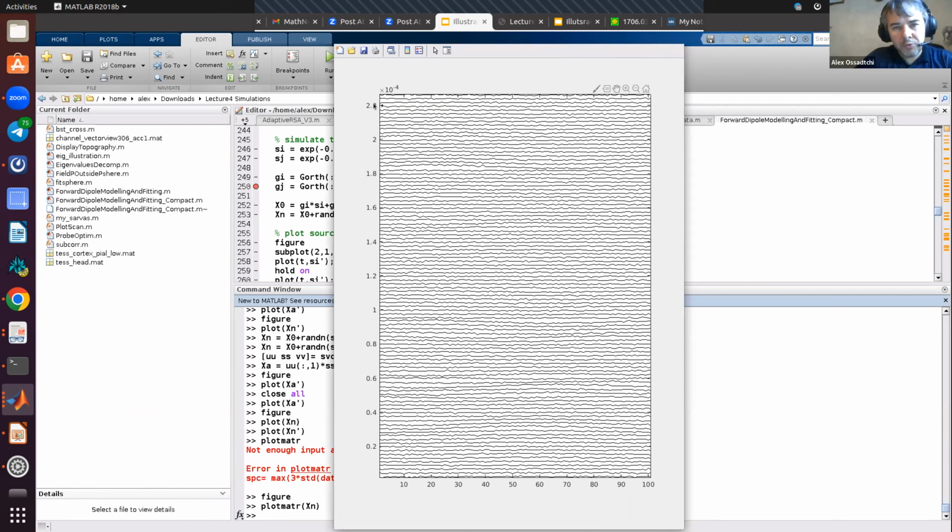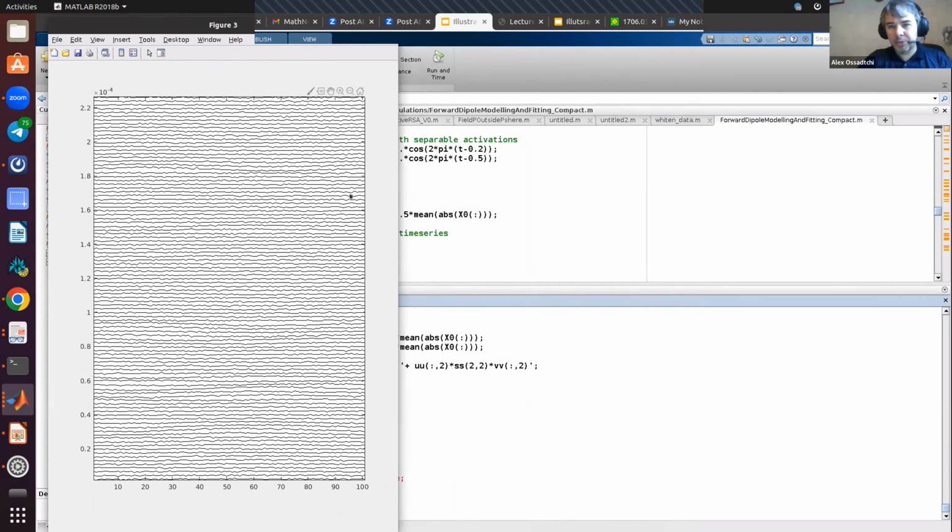Now, to plot this, I simply take each time series and add some offset as a matrix, and each offset shows the baseline, the zero line for each of the time series for each of the channels.